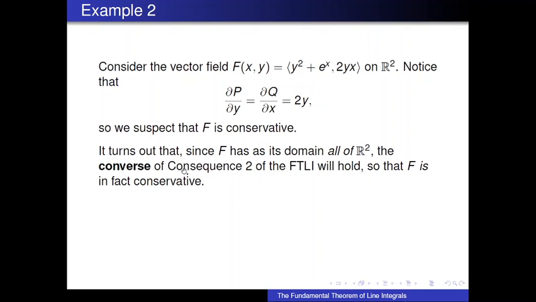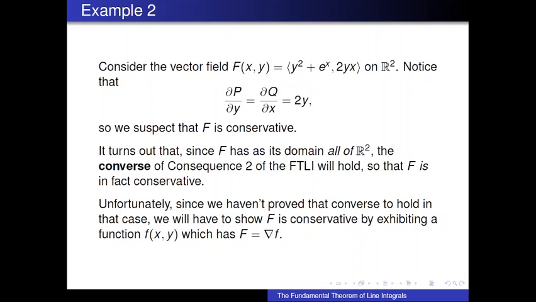However, we have not really learned all the details of that, and we aren't going to have time for it in this slightly shortened course that we're running. So we will just go ahead and show that big F is conservative the old-fashioned way, I guess, by exhibiting a potential function, little f, whose gradient is big F.